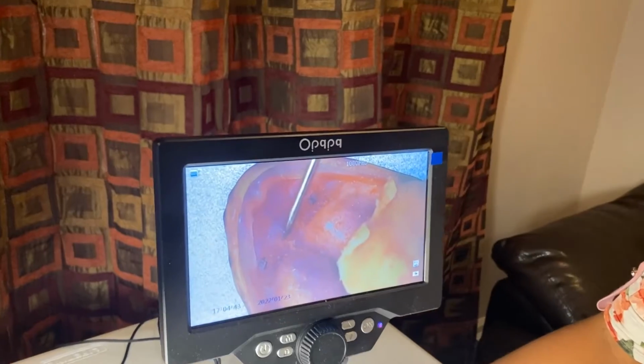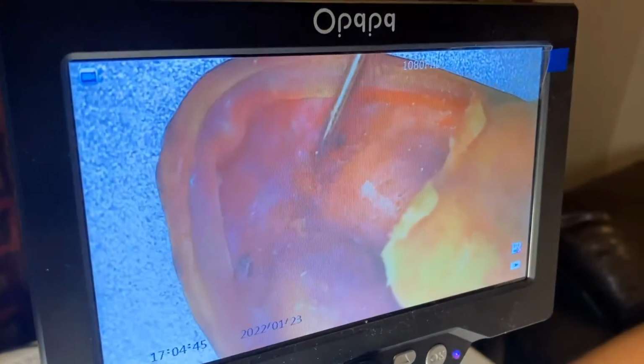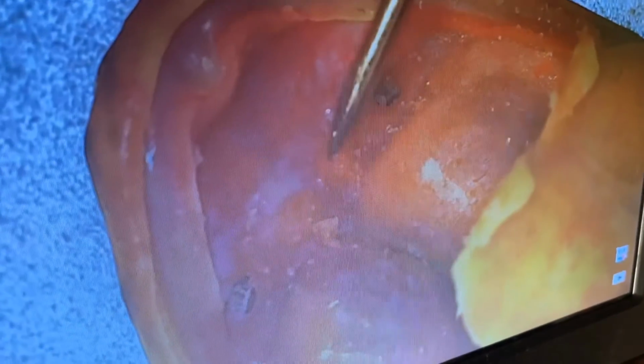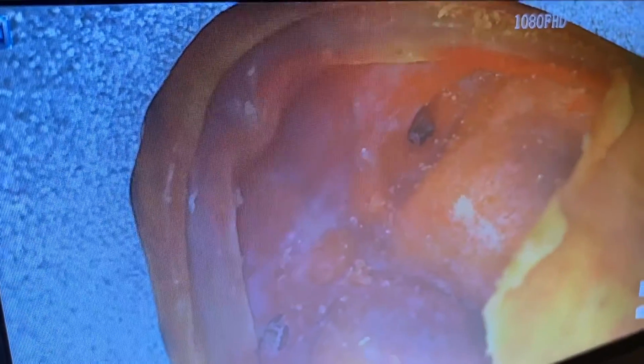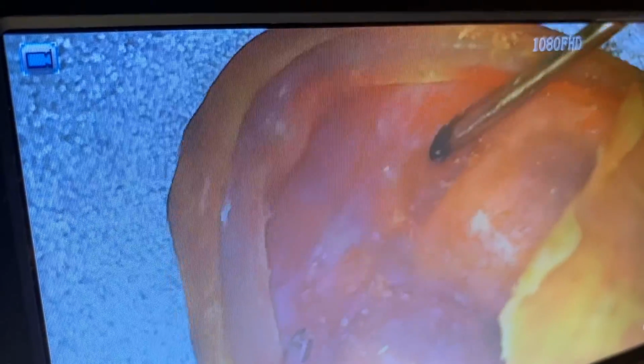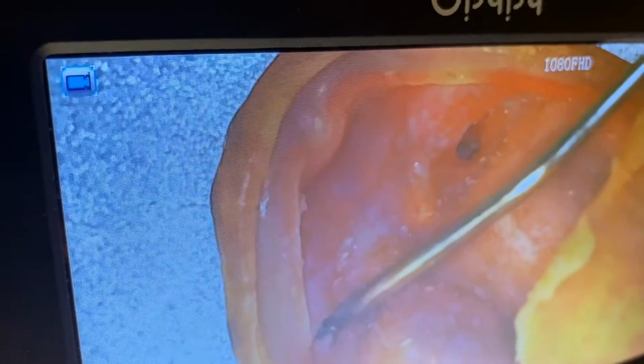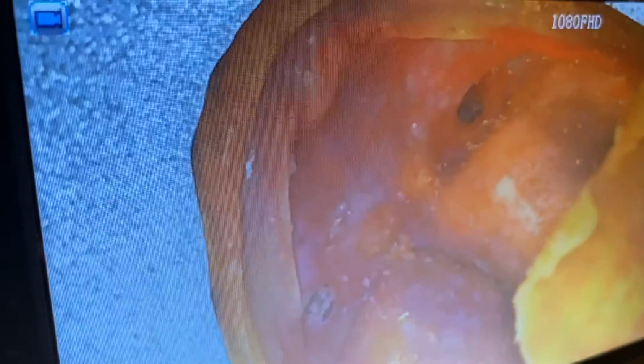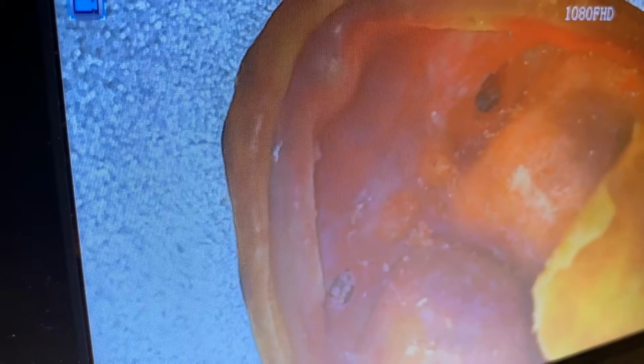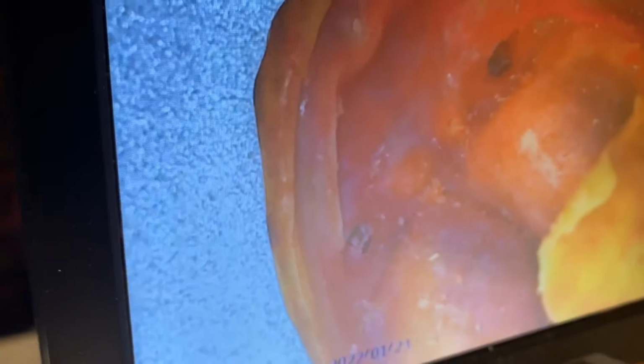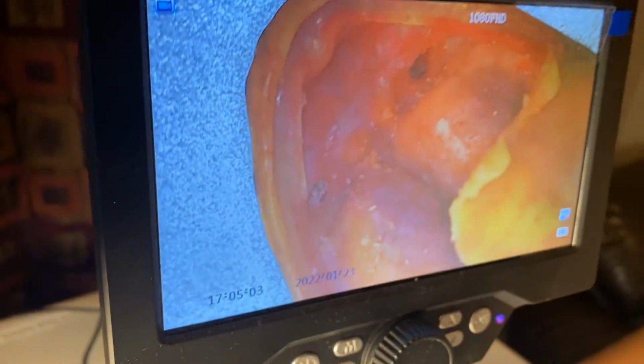These two bumps here and here are the vomerine teeth. And on either side of them are the internal nares. One here, one here. And these internal nares lead to the external nares on the outside of the frog, which I will show you.